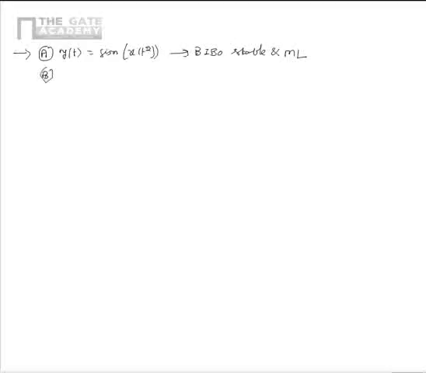The option B corresponds to a system y of n is equal to tan inverse of x of n. It's given that the system is memoryless and time invariant. The option C corresponds to a system y of t is equal to x cube of t. Here it's given that the system is invertible and has memory.